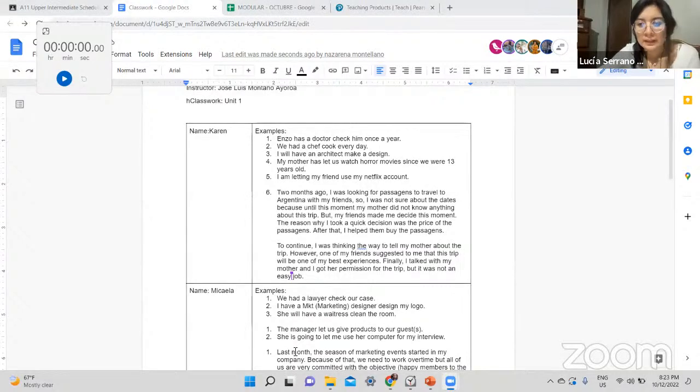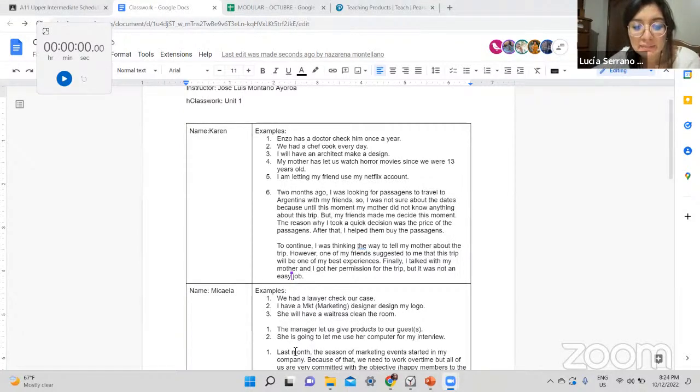Two months ago, I was looking for passengers to travel to Argentina with my friends. So I was not sure about the dates because until this moment, my mother did not know anything about this trip. But my friends made me decide this moment. The reason why I took a quick decision was the price of the passages.